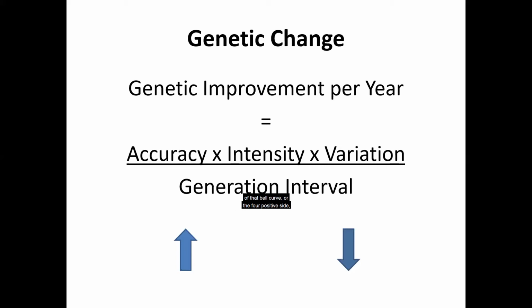And a lower percentage is more intense. Okay, if we only keep very few animals on the far right side of that bell curve, or the far positive side of that bell curve, that's more intense selection. By relying more heavily on elite replacement animals, we pull our bell curve in the desired direction more intensely.